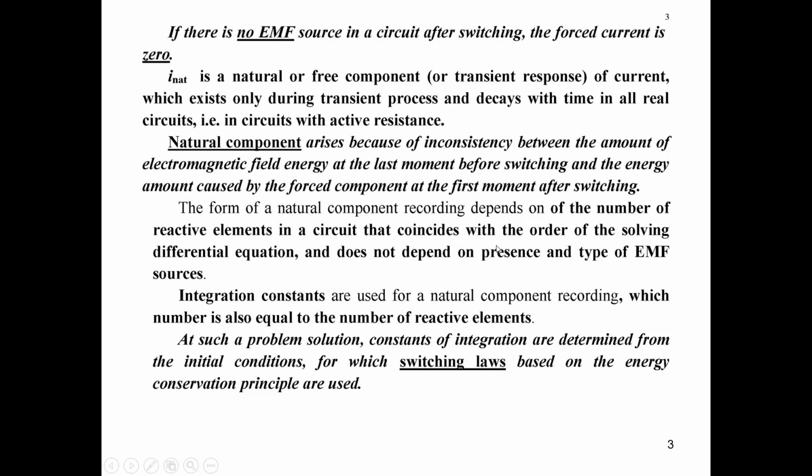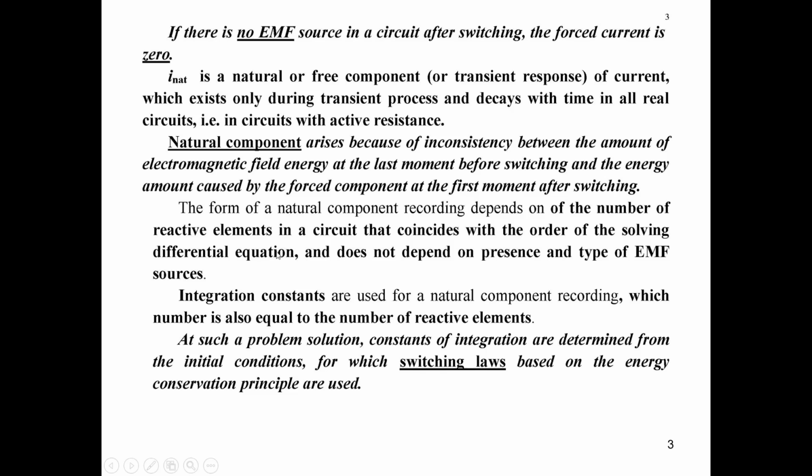And the form of these natural components depends on the number of reactive elements in the circuit, and it coincides with the order of the solving differential equation. If you have two reactive components in the circuit, for instance, inductance and capacitance, it will be a second order differential equation which describes such processes. And if it is only one reactive element, it will be a first order differential equation.